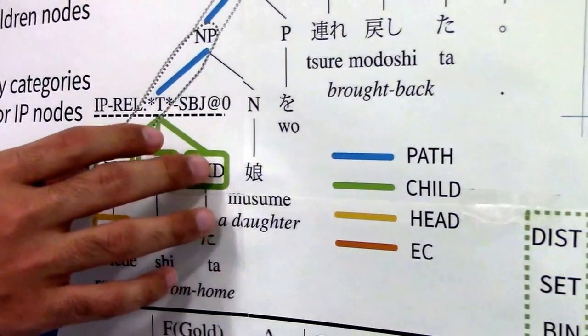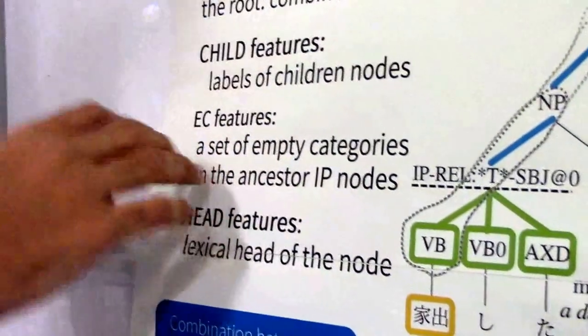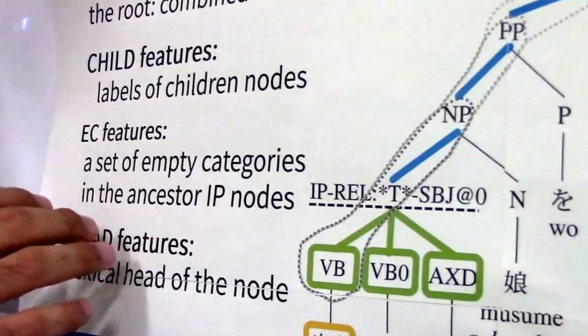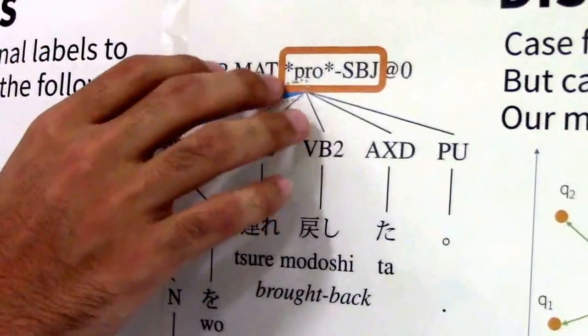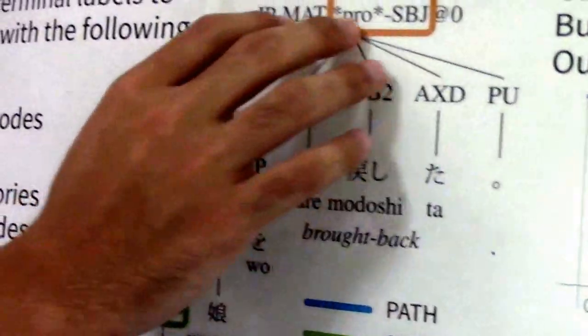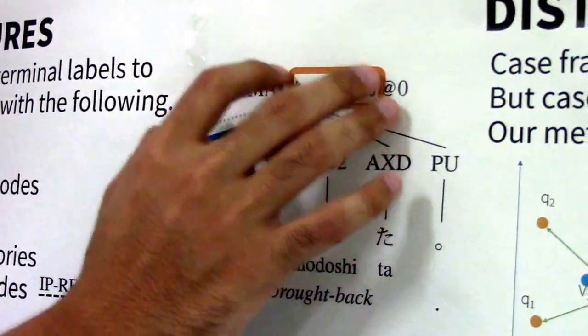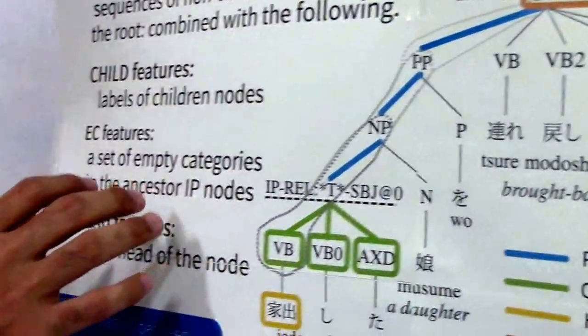And next, each features are a set of empty categories in the ancestor IP nodes. In this figure, each features are the empty categories of these ancestor nodes. So, pro with subject pronoun is the each feature.